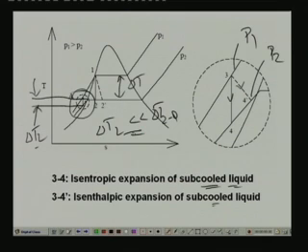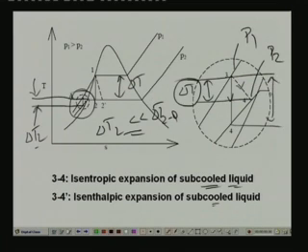Okay, and another thing you can see here is that the delta T gets reduced further if you are replacing the turbine by a throttling device. Okay, so this delta T, which is the temperature drop produced when you are using a throttling device in place of a turbine, is much smaller than the temperature drop that you would get when you use a turbine.